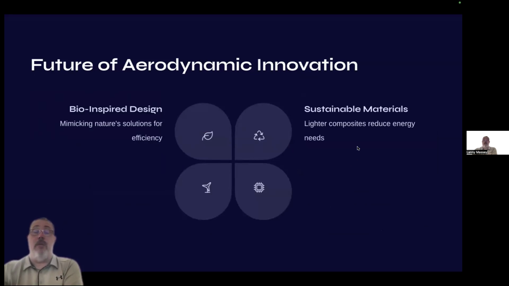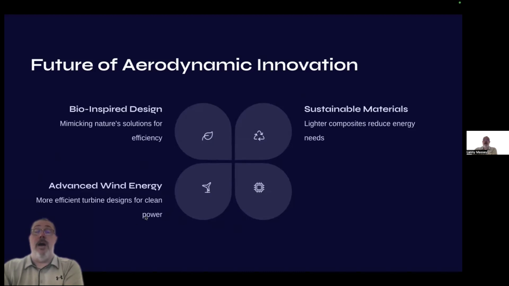Anytime we can find a way to make things lighter, most airplane wings now are not as much metal as they are fiberglass, just because it's lighter. And the less a plane weighs, the less lift that it has to produce, so it doesn't have to move quite as fast, things like that.